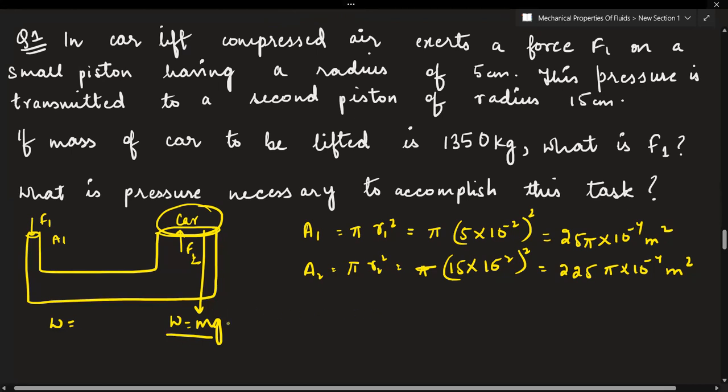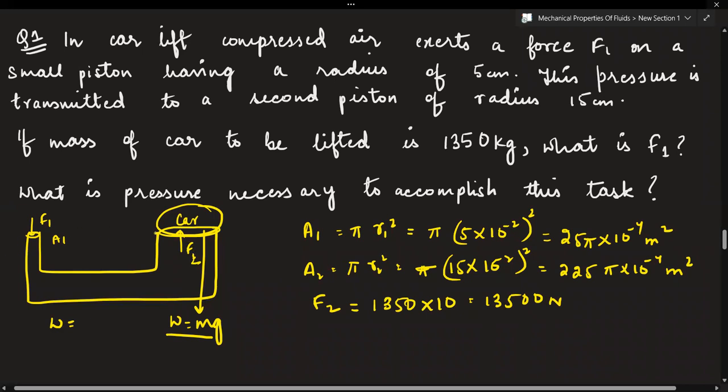Weight would be exerted in the downward direction. So now this force F2 on the larger piston, because the mass of the car is 1350 kg, would be 1350 into 10, that is 13500 Newton. So we have A1, we have A2, we have F2.